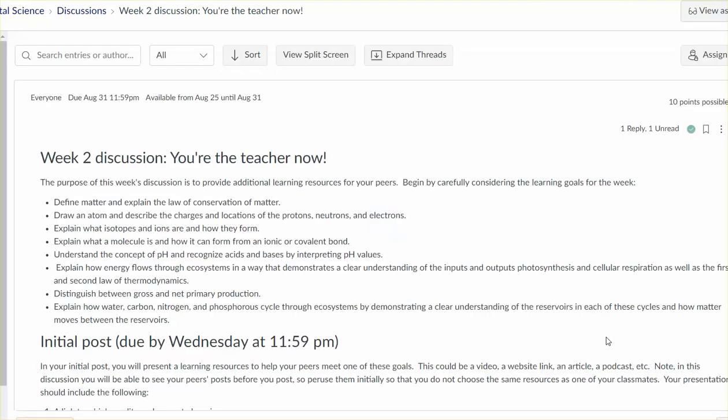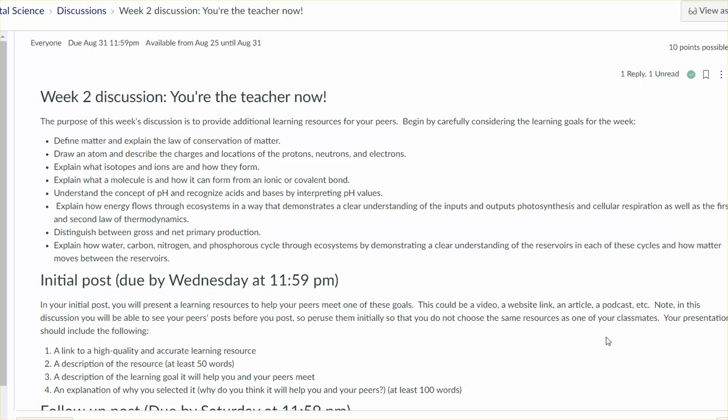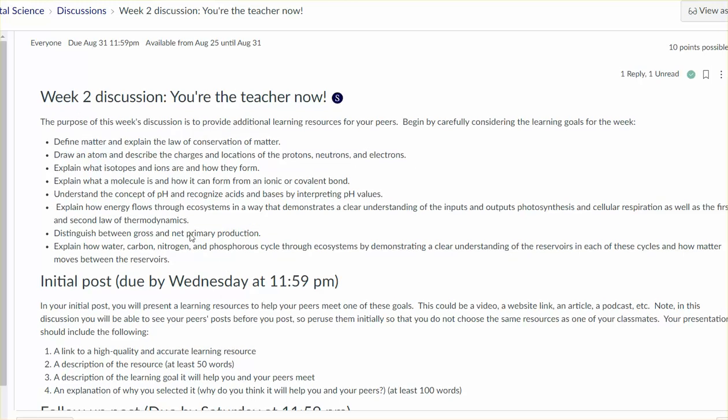We're going to have a discussion this week where I'm asking you to pick one of these learning objectives and then find learning resources. Maybe it's an online video or an article or a website, some kind of digital resource that you think would help your peers attain one of these learning objectives.